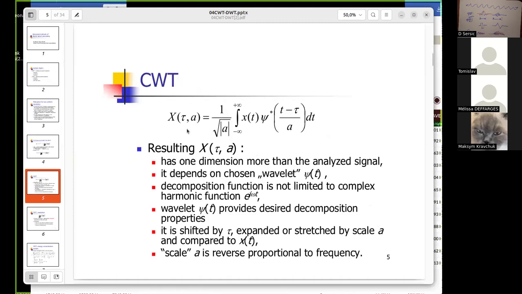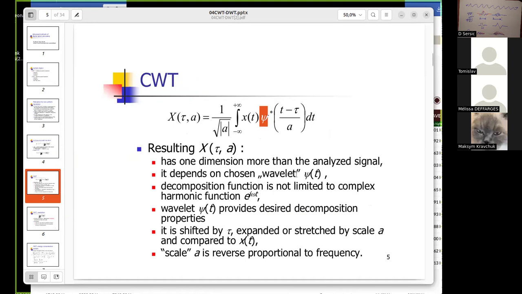The result has two dimensions. It has one dimension more than the original one. It definitely depends on the chosen wavelet. We can choose this one, or that one, and the result will not be the same.